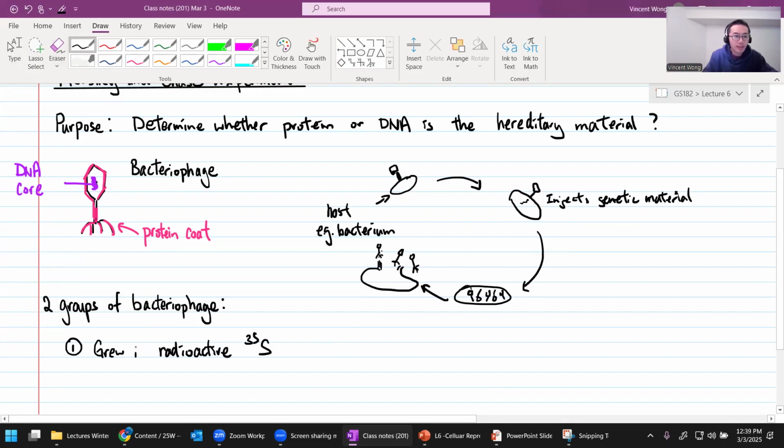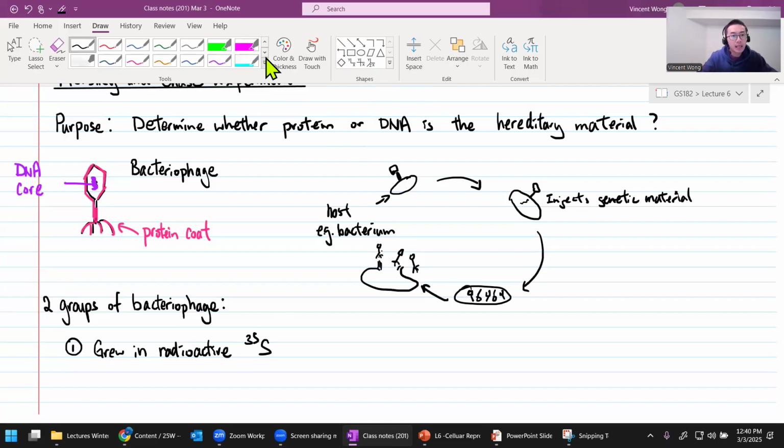Okay? Don't get too confused with radioactive. What does that mean? All that means is you can track it. Right? If something is radioactive, then you can detect where that substance is. So if you grow the bacteriophage in radioactive sulfur, do you think the DNA will be radioactive, or do you think the protein will be radioactive? Which of them contains sulfur?